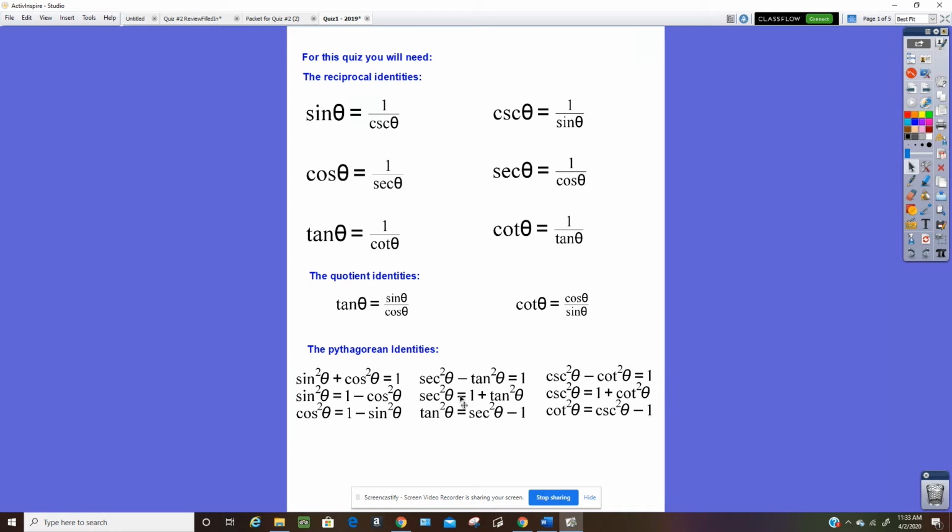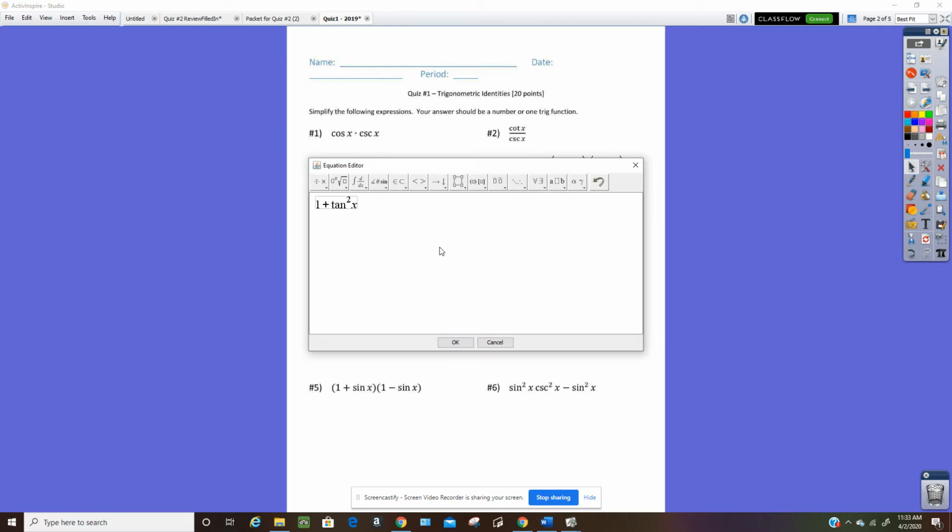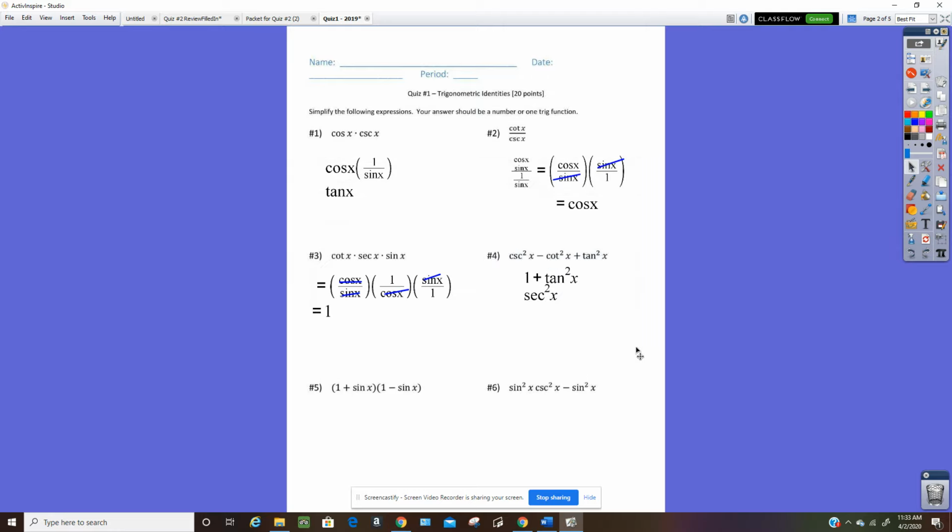Here it is. 1 plus tangent squared is equal to secant squared. So right here, let me get back onto the equation. This is going to be secant squared. Okay, so there's the first 4 problems.